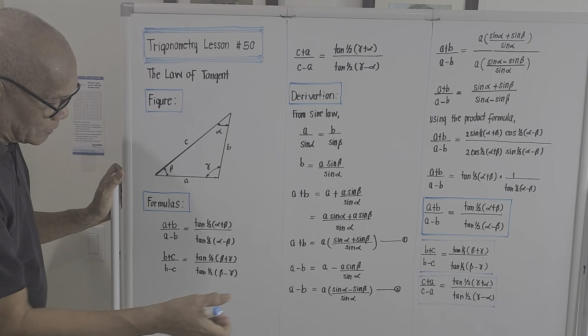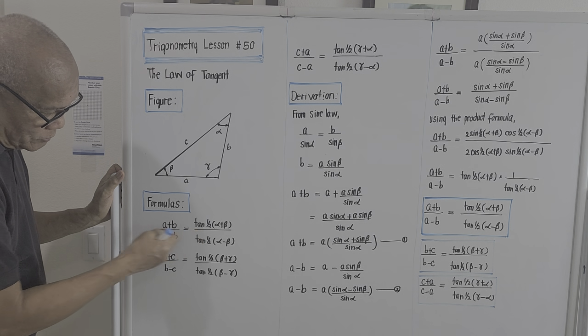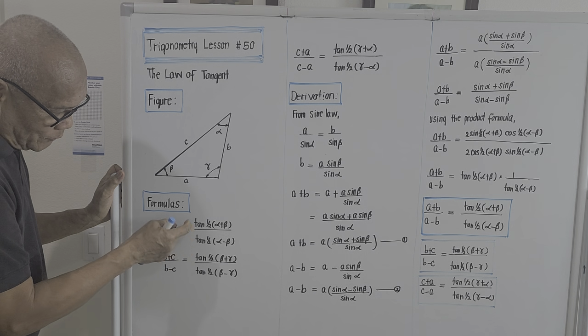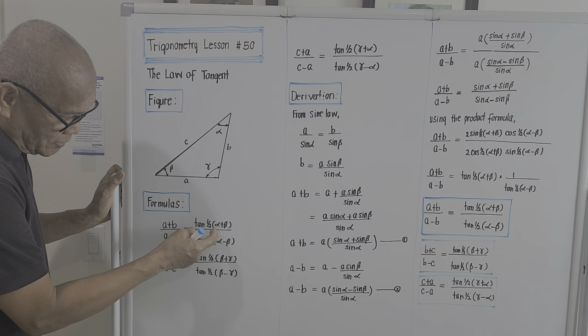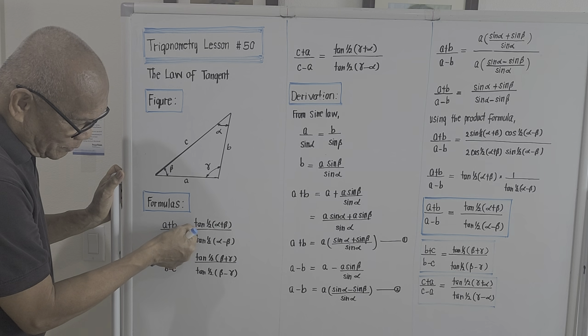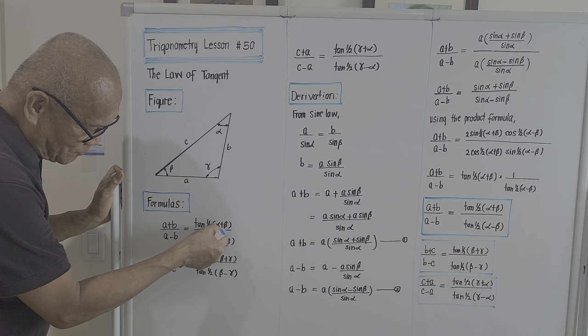I will try to read it, guys. Side A plus side B over the ratio side A minus side B should be equal to tangent of 1/2 of alpha plus beta, meaning we will be taking the tangent of 1/2 of the sum of alpha plus beta.